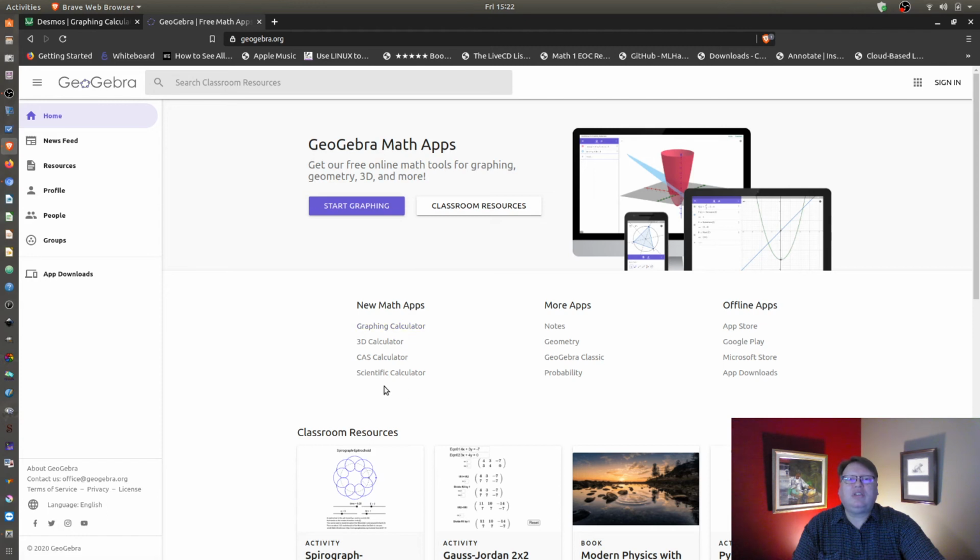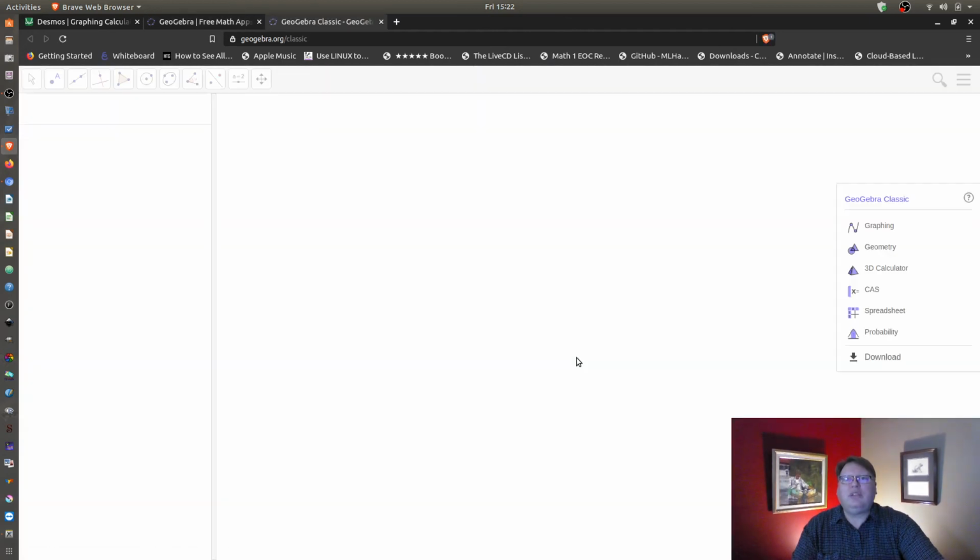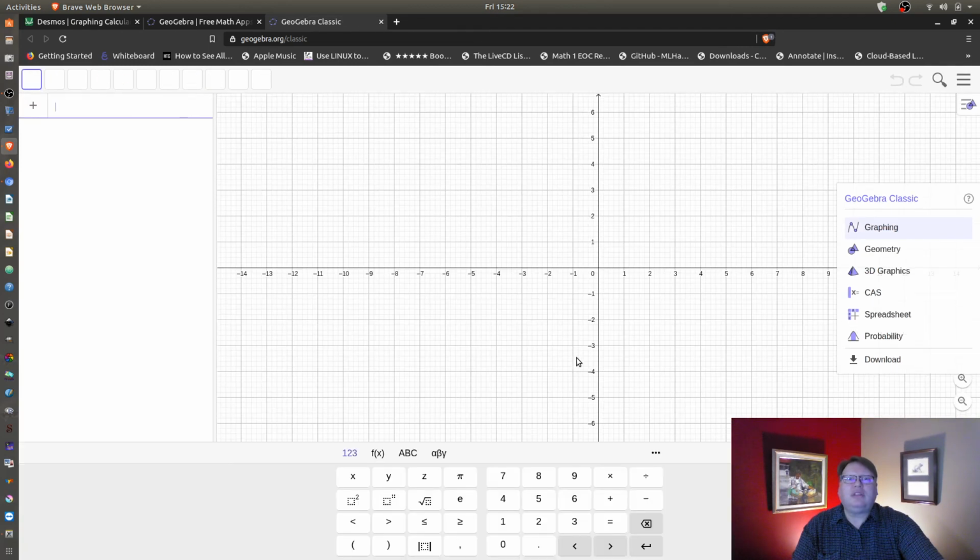No, scientific calculator. I really want the classic. There it is, GeoGebra Classic. That is the one I like. It's right under More Apps, but this is the one that I typically like to use. And it may take a little bit for it to load, so just give it a second.